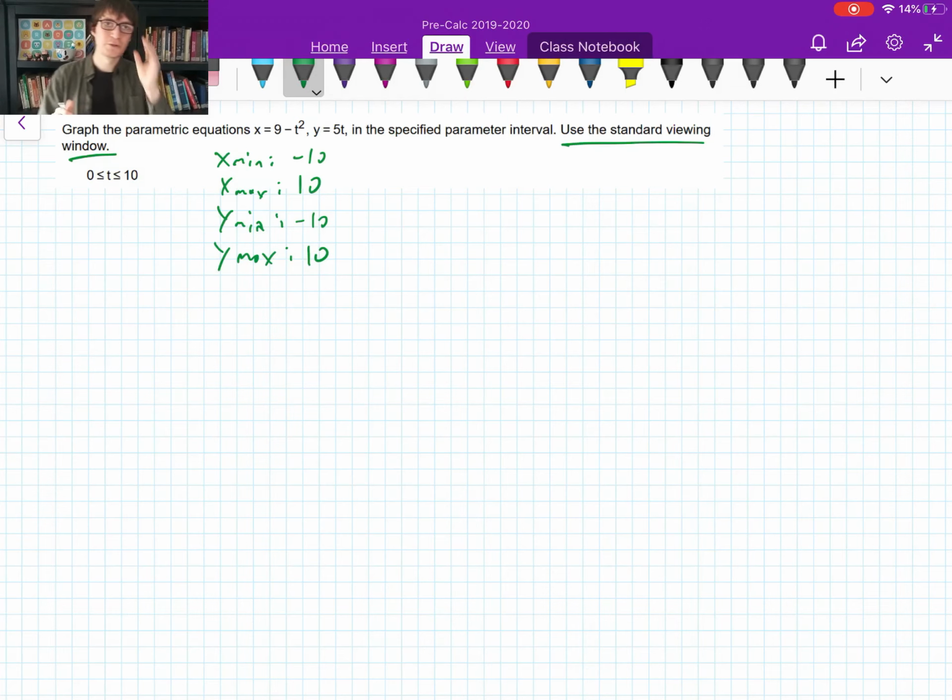If you are on a TI-84 and you press the zoom button and then press standard, ZStandard, you will get this right here: -10, 10, -10, 10. Your calculator screen is like a box, but it's actually a rectangle. It'll be spread out a little bit, but that is the standard way of viewing these things. So let's go ahead and do that.